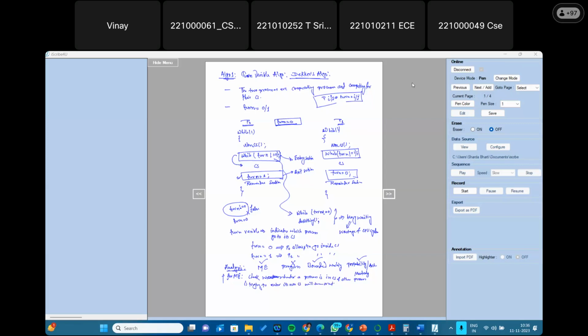Basically, let us suppose a process is in its critical section and another process is trying to enter its own critical section. If mutual exclusion is achieved, then the other process will not access its own critical section at the time when another process is executing its critical section, right? If mutual exclusion is violated, then the other process is also able to enter its own critical section.